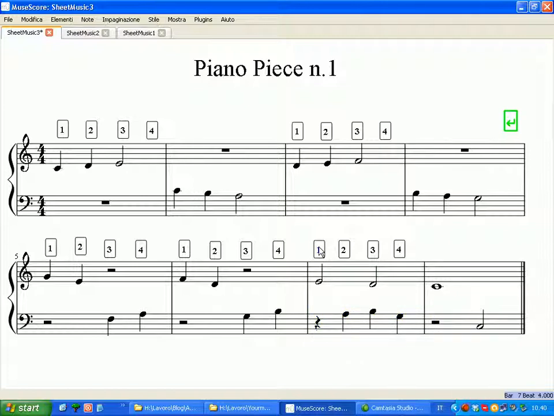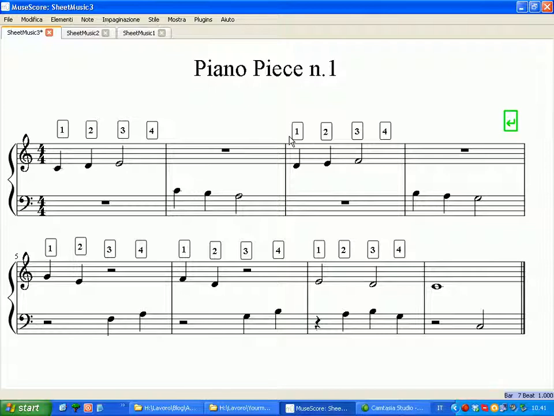In fact, if we draw a vertical line from the number one, we can notice that this line falls perfectly on this note and on this rest. And it also applies for the second beat, the third, and the fourth beat. So there is a vertical correspondence in every piano sheet music.